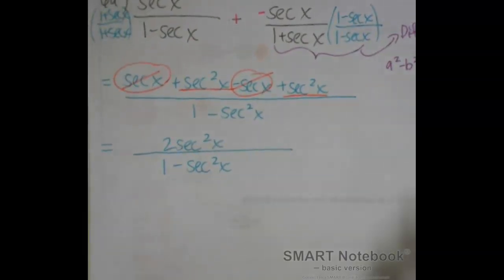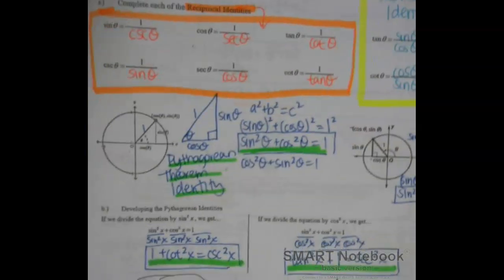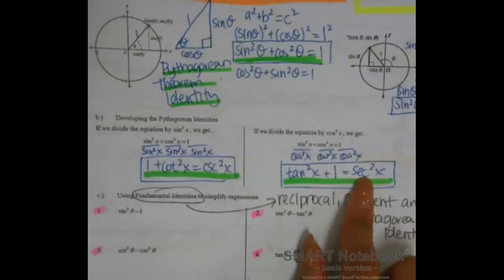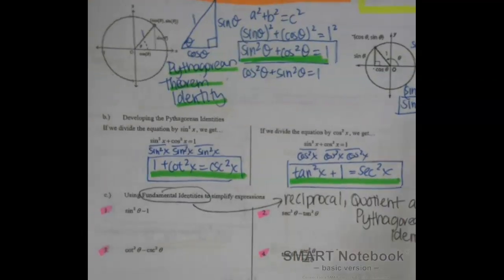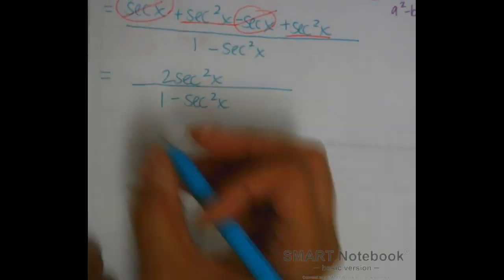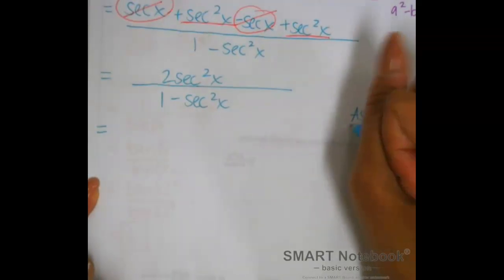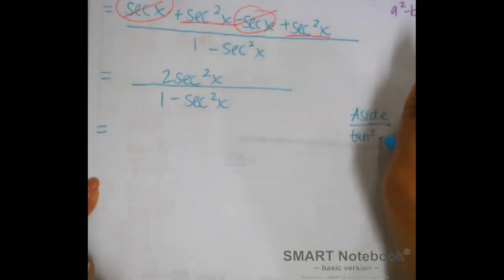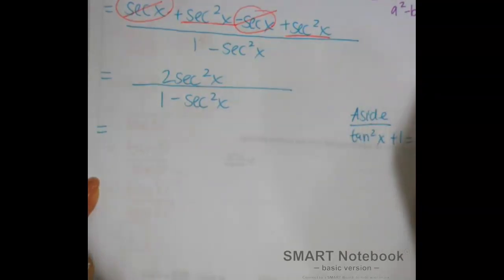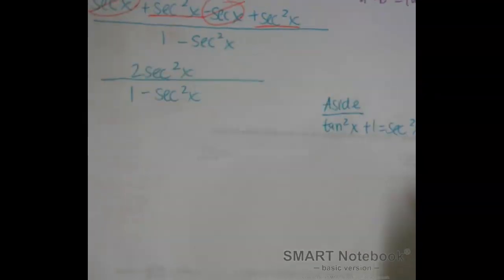Okay, so let's think about this. If I look back on the first page of our notes, we have a secant Pythagorean identity. So let me see if I could replace this and it makes some sense. The numerator, leave it alone for now. There's plenty of ways to do this. We're just going to focus on the denominator. So in the aside portion, I'm going to take tangent squared x plus 1 equals secant squared x.